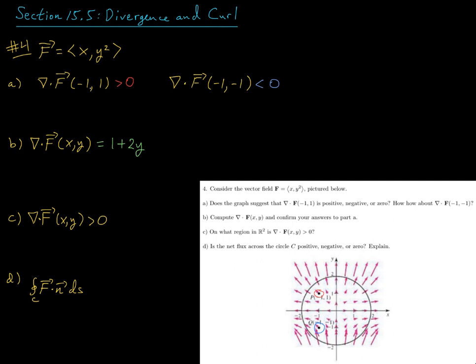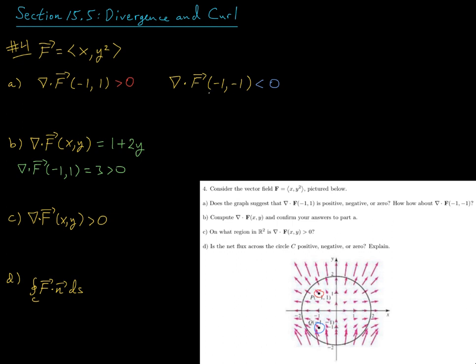If I plug in -1 for x and 1 for y, I'm going to get a positive divergence, in this case 3. So that agrees with what we see in the plot.